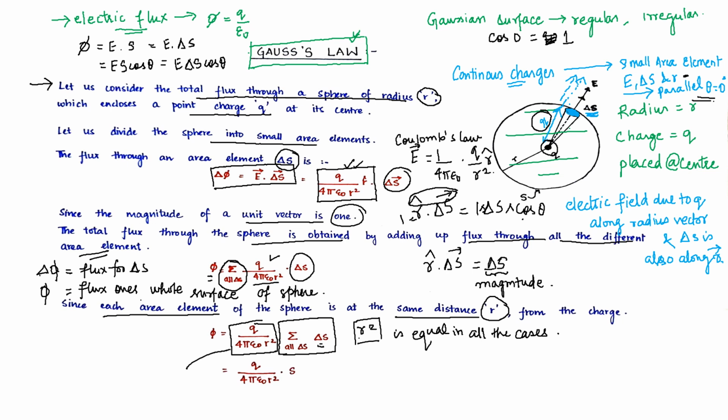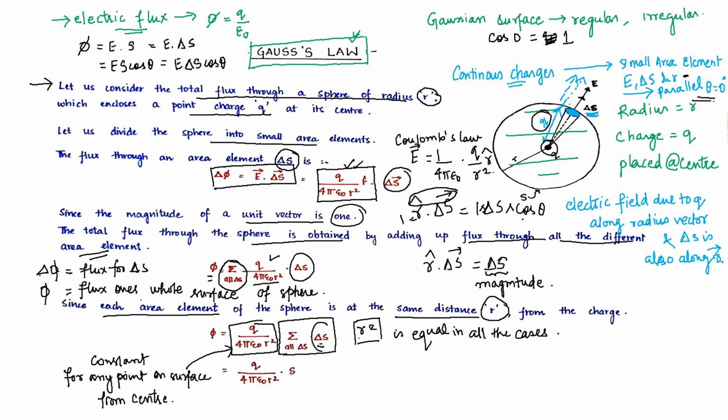This remains constant for any point on the surface from the center where our charge is kept. And then these small area elements are being summed up to find the whole surface area.